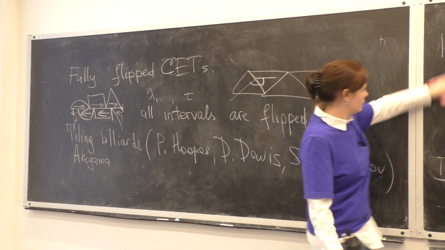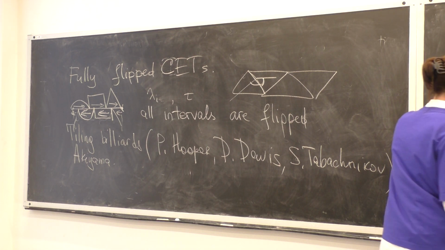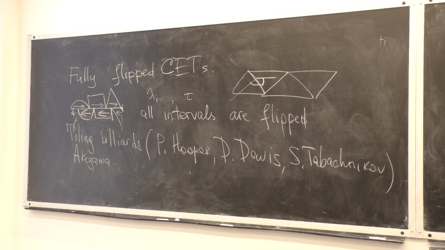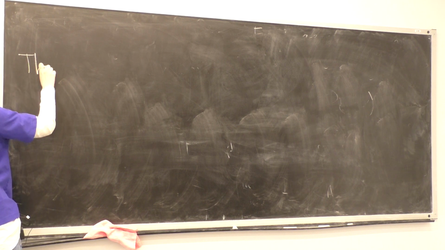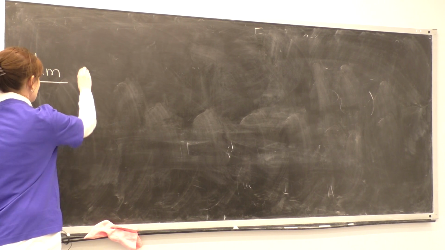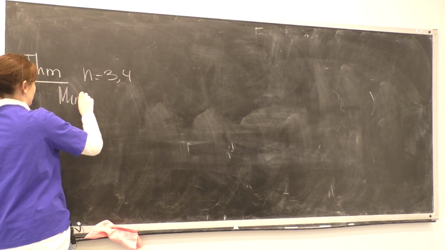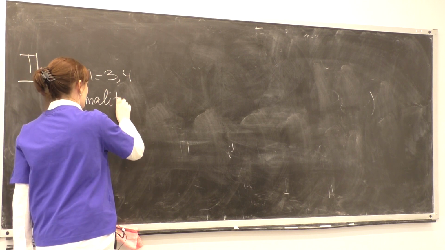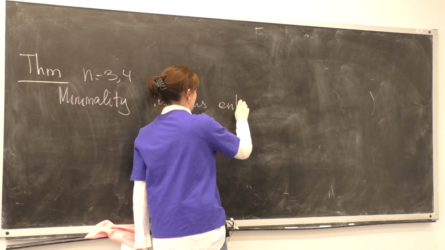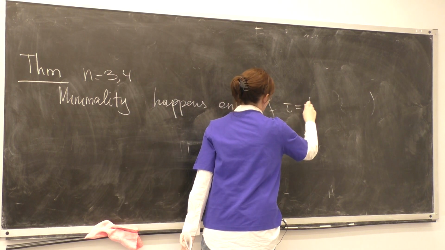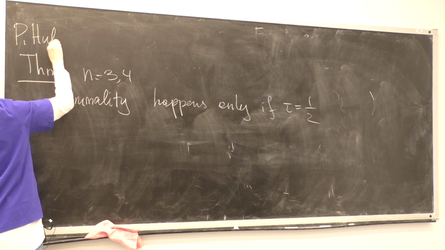And there is a result by Pascal Hubert and Olga Paris-Romaskevich that in case of 3 and 4 intervals, minimality happens only if tau is equal to 1/2. So this is Pascal Hubert.